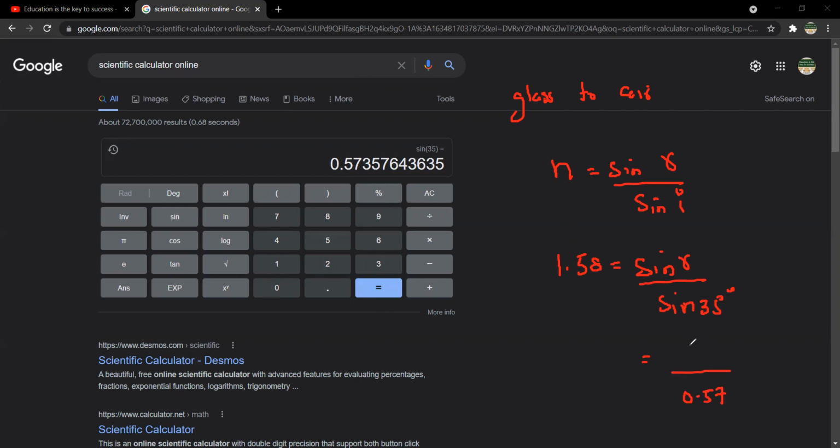So this is 0.57, sine r we don't know, and 1.58. Now this 0.57 is divided, on the other side it will be multiplied. So we'll multiply these two factors.